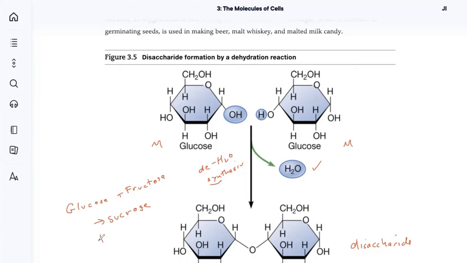It's also table sugar. So granular table sugar, either cane sugar or beet sugar, the one that we use most typically in cooking, mixed into coffee, etc. That's sucrose. Another disaccharide would be glucose and galactose. Galactose is another hexose sugar, 6-carbon sugar, and that would give rise to the disaccharide we know as lactose. Okay. And so lactose is milk sugar.